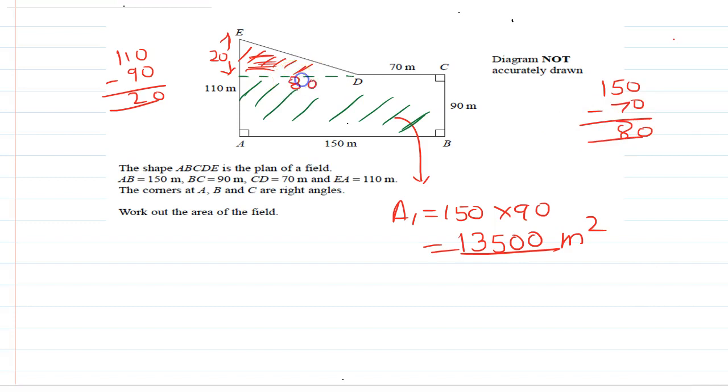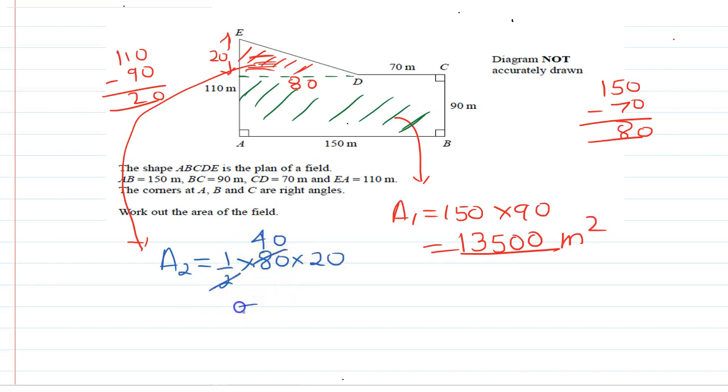So this is 80. So this area, suppose A2, is half, base is 80 and height is 20. So if you want, you can cancel it. 80 divided by 2 is 40 and 40 times 20 is 1600 meter square.